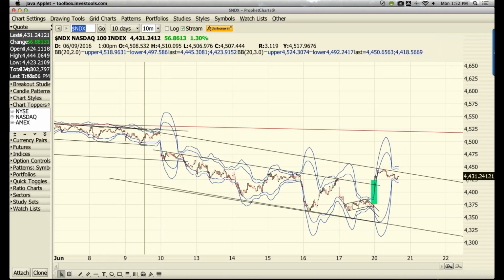So I've got these key natural levels of resistance, 3 areas of them that tie into what happened today, and the corresponding parallel support ties into our natural level of support that was identified on our more narrow channel or cycle.